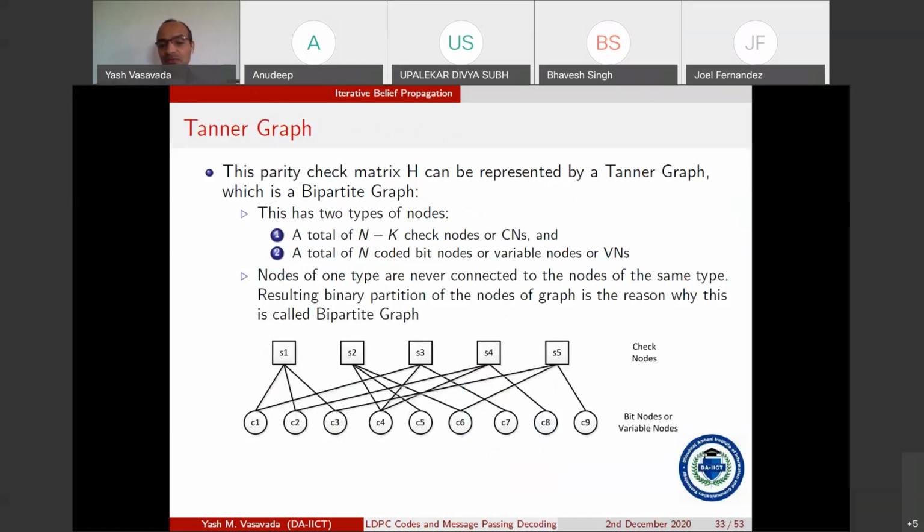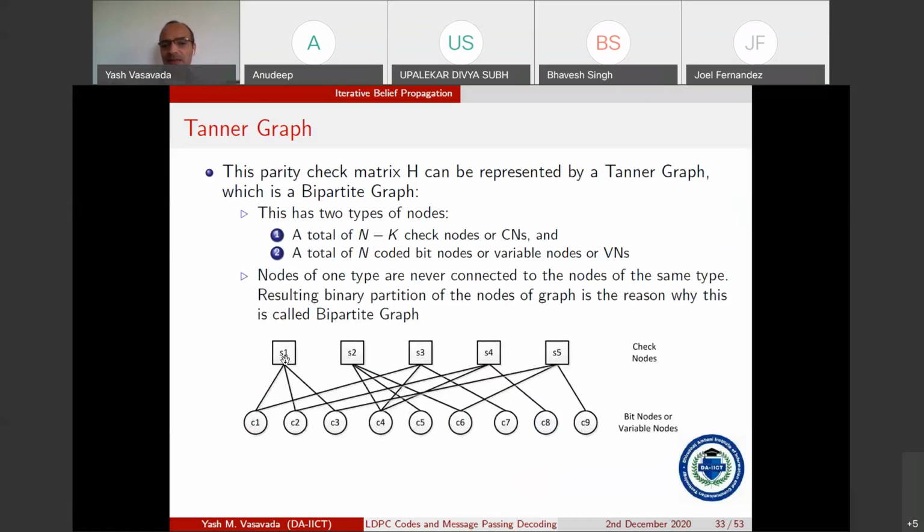And just like what we did for the Hamming code, we can draw the graph of this channel code. It has 5 supervisory nodes, and it has 9 what are known as bit nodes or variable nodes. And this is called a bipartite graph.